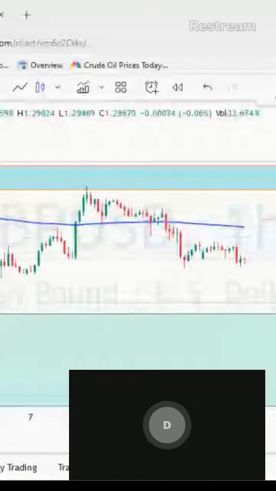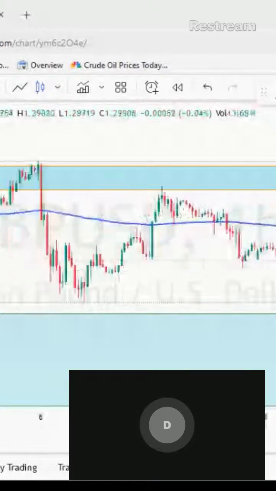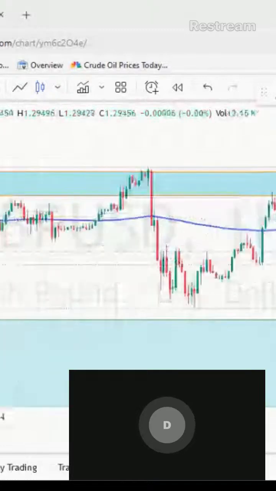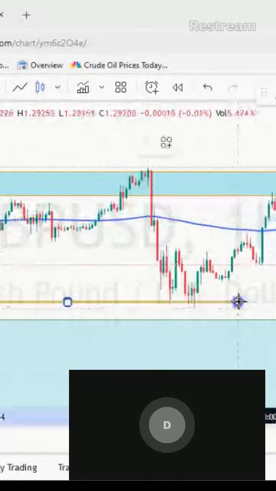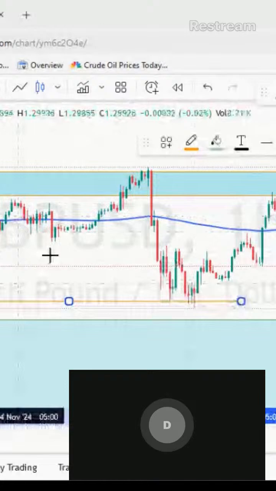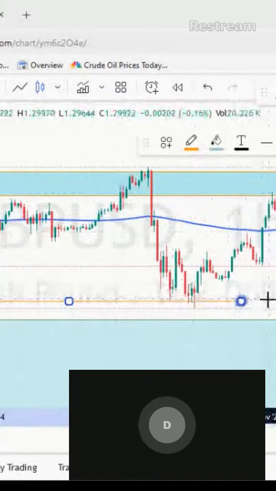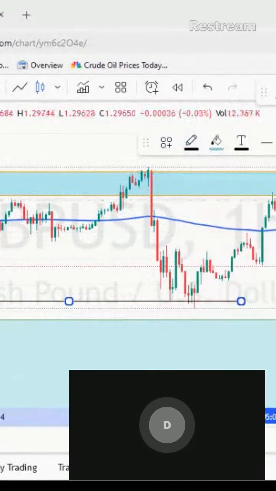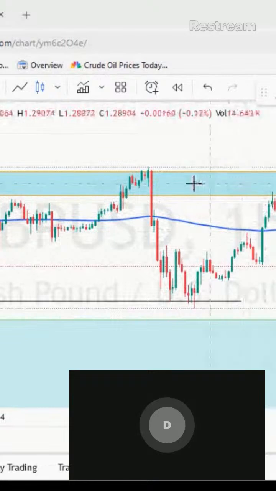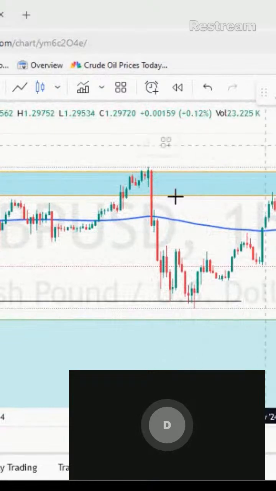If you look at the structure on this 1 hour time frame now, what do you see? You can see that the price has been trapped within a range, from this point here. So that means as of now, we can't really do anything, unless the price pulls back to this particular level that we have here.